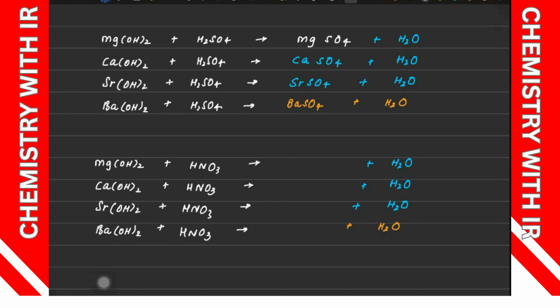Negative 1. So MgNO3, but taken twice. Why? Because magnesium is 2. It would be calcium nitrate, CaNO3 taken twice. It would be strontium nitrate, and barium nitrate.